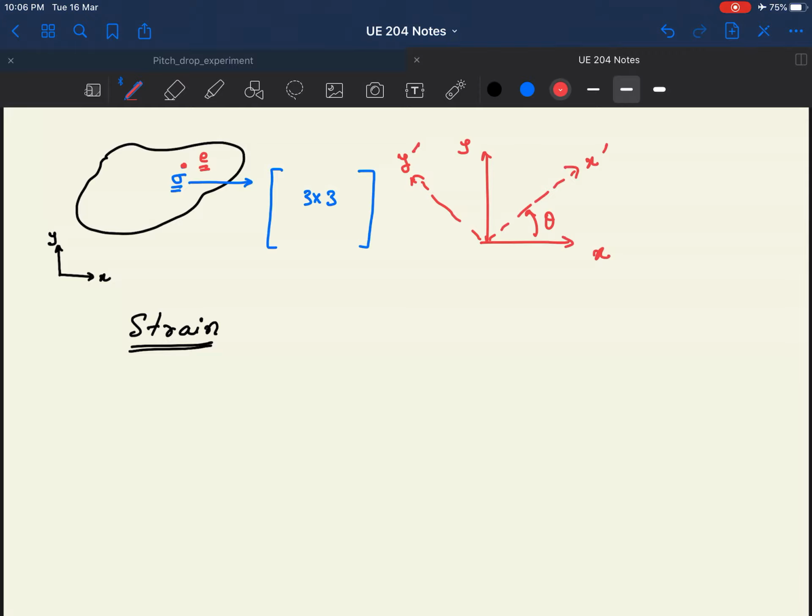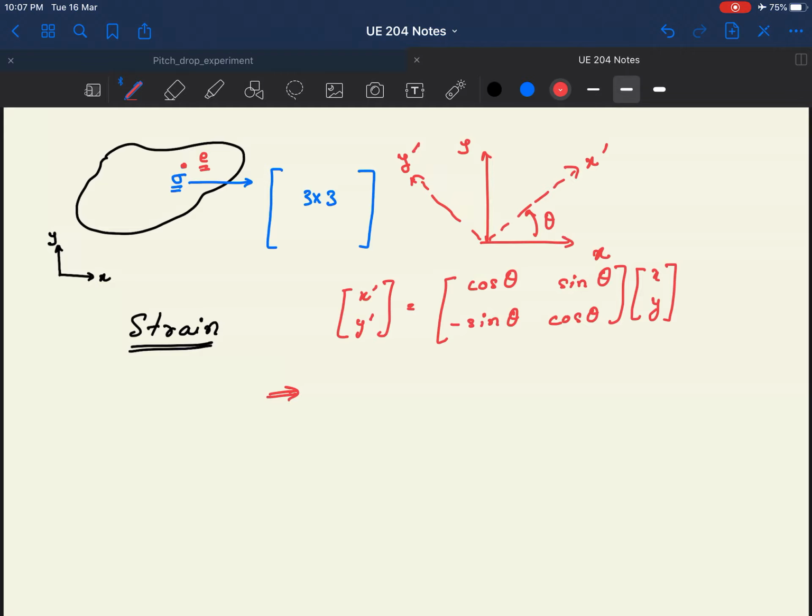If you remember, we spoke about the transformation matrix, and we can write x dash y dash as cosine theta sin theta, minus sin theta cosine theta, times x y. I am again taking a simple two dimensional case.